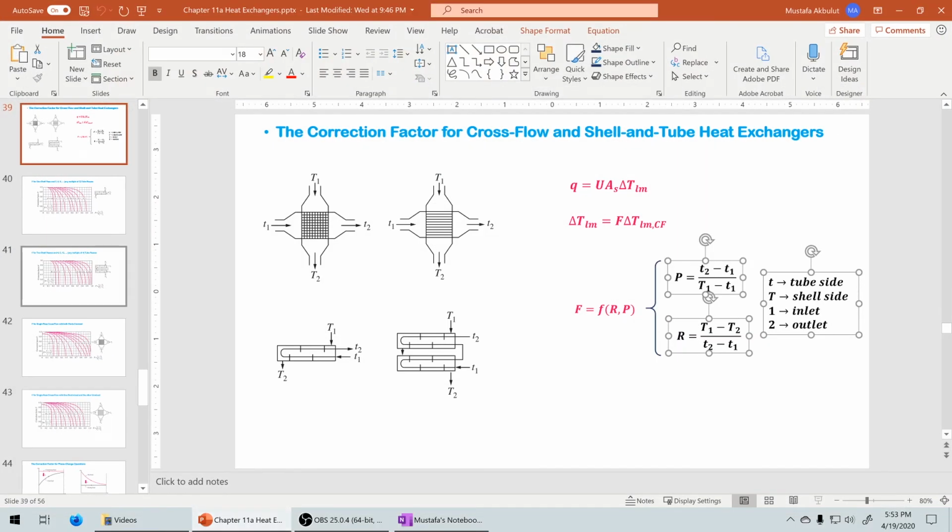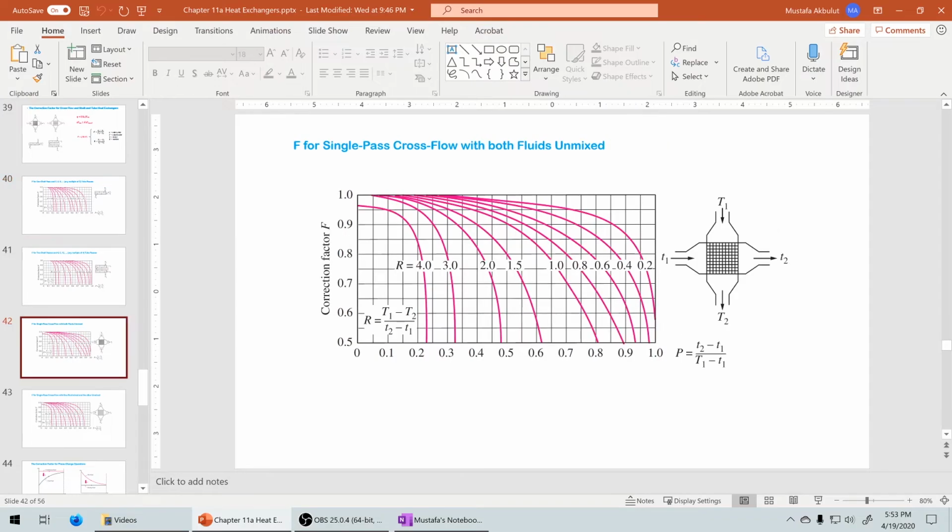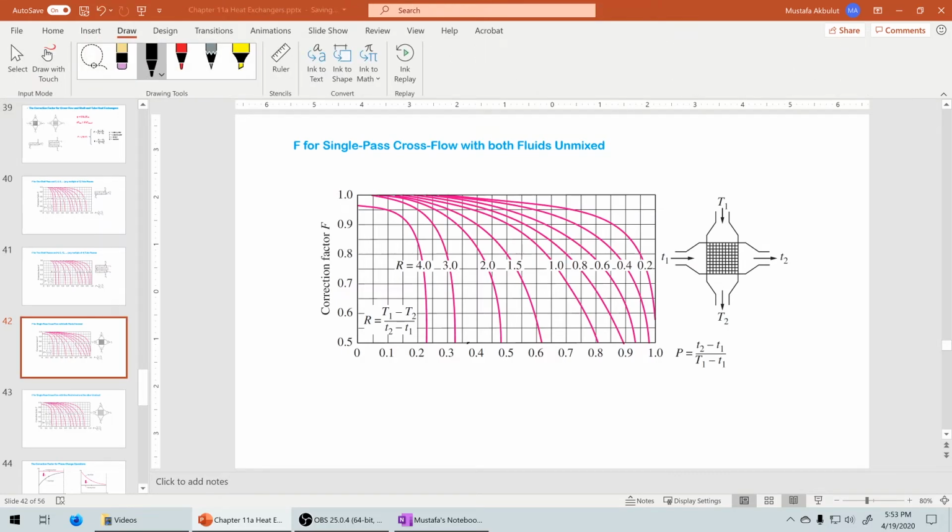So now I need to read this graph and find the value. So P is 0.36, and R is 0.8, so 0.8 is here. So I need to follow this line.